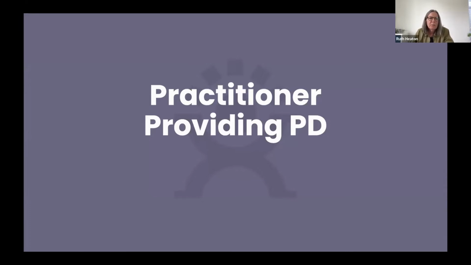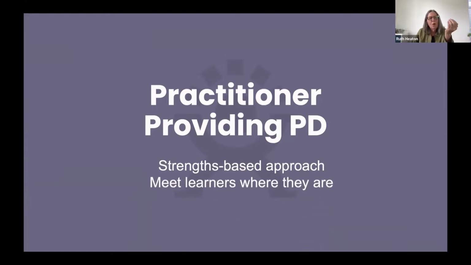So in the context of being a practitioner providing PD, I'm not a university faculty member. I run a nonprofit that provides PD, but also has research projects within it. When I think just about the PD, I take a strengths-based approach, working to meet learners where they are, and we work with all learners.